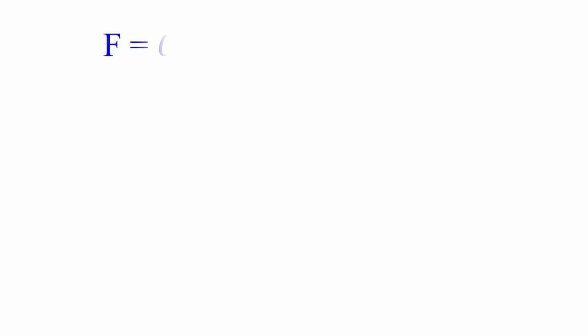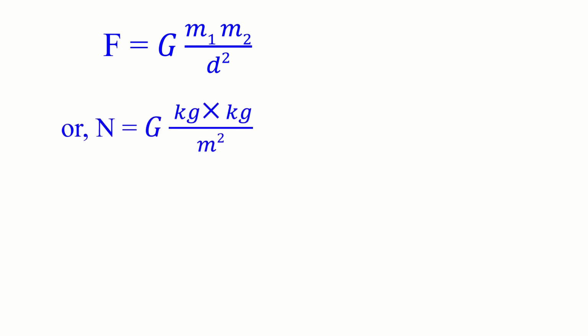But in case of gravitation it is different. We have F equal to G m1 m2 by d square, and G is the constant. If all the physical quantities are represented by their units, force by Newton, mass by kilogram, and distance by meter, then we will have Newton equal to G kg into kg upon meter square.